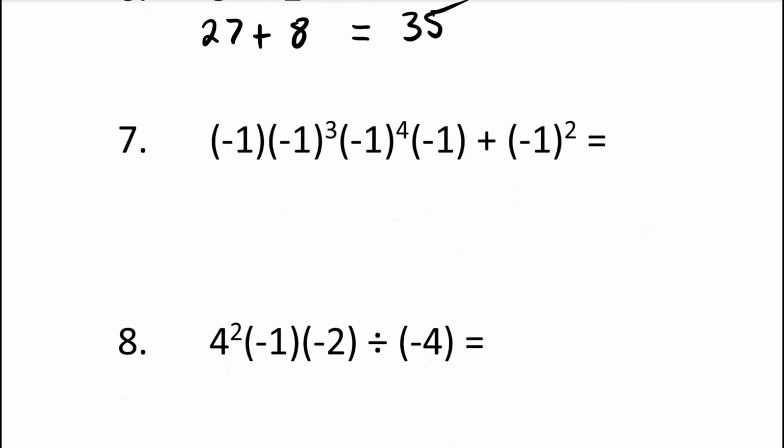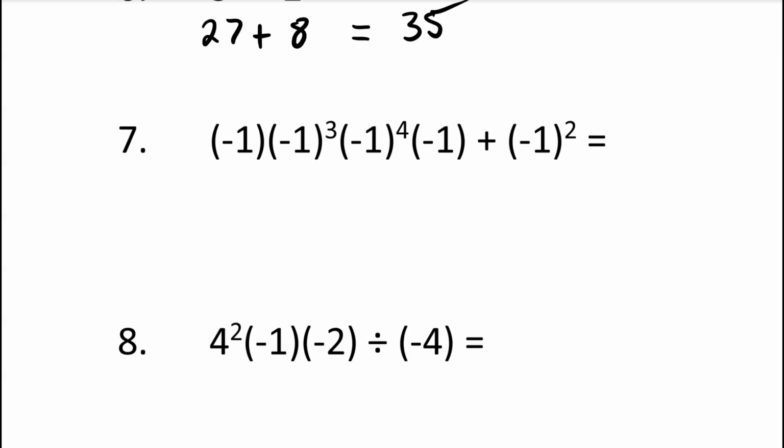For example 7, we have a lot going on that we have to pay attention to here. We have -1 multiplied by (-1) to the power of 3, multiplied by (-1) to the power of 4, multiplied by -1 plus (-1) to the power of 2. First thing that we need to address is the exponents, because all the brackets here represent multiplication.